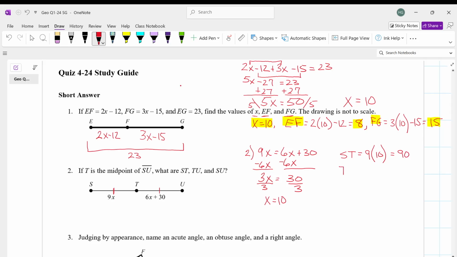TU is equal to 6 times 10 plus 30. And 6 times 10 is 60, plus 30 is 90. And then SU is equal to 90 times 2, which is 180.